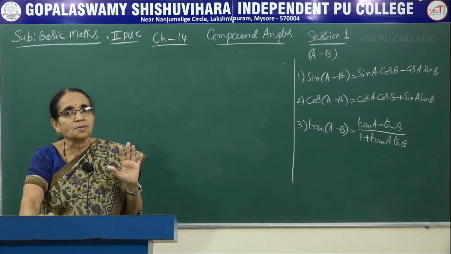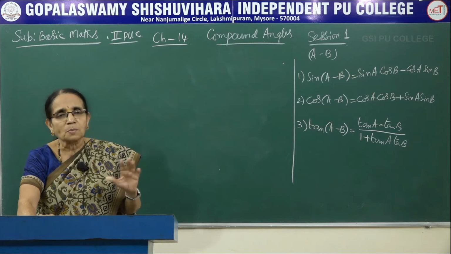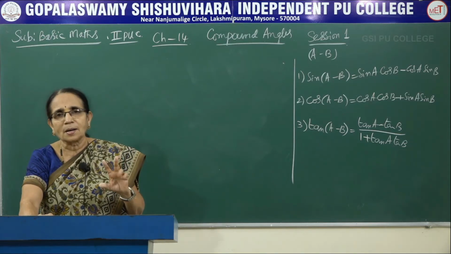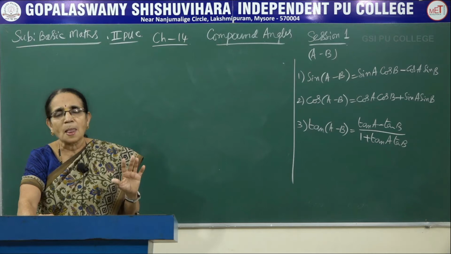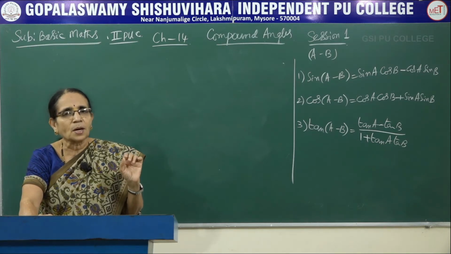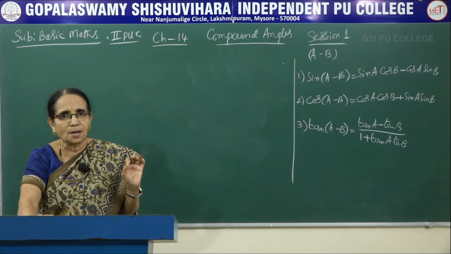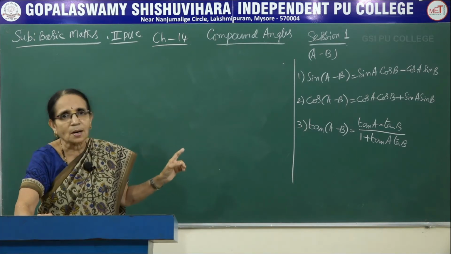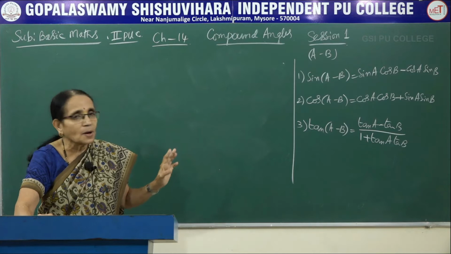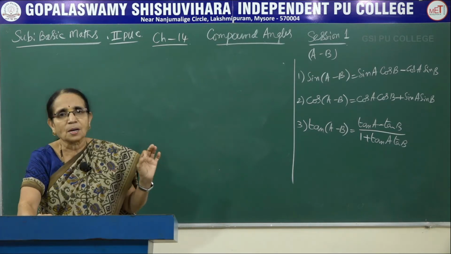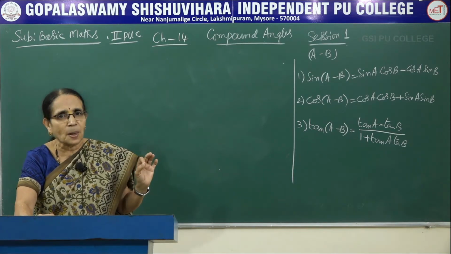These are called the standard values. Apart from these, there are two more angles which come in the first quadrant only, that is, acute angles only. One is 15 degrees, the other one is 75 degrees. Now using these compound angle formulae, we can get the values of sin of 75, cos of 75 and tan of 75.